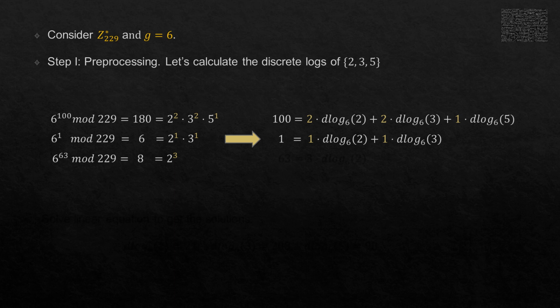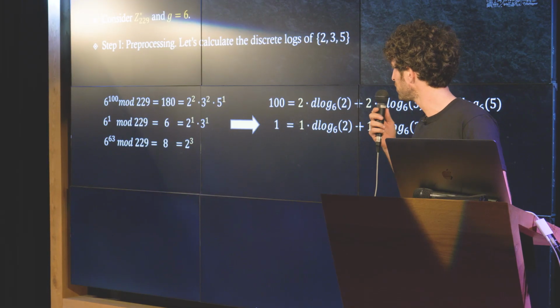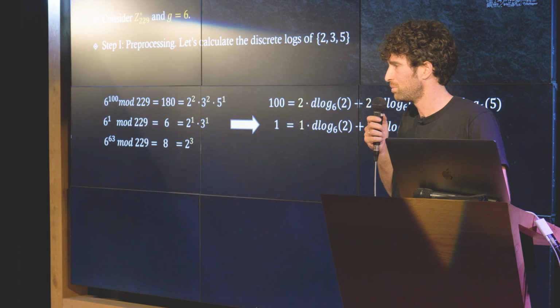And this is not a general fact. Actually, roughly only 20% of the numbers between 1 and 228 are decomposable by 2, 3, and 5. But I was guessing and guessing until I found some numbers that are decomposable by 2, 3, and 5.